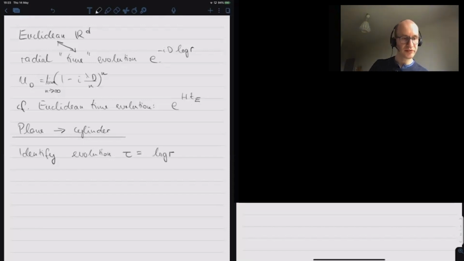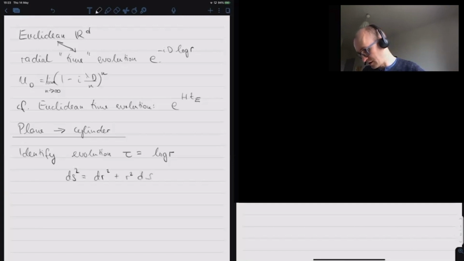Let's just see what happens to our metric if we do this. So we have the plane, dr squared plus r squared d omega_{d-1} squared, so our foliation. But now if I change r to e to the tau, then this becomes e to the twice tau times d tau squared plus d omega_{d-1} squared.